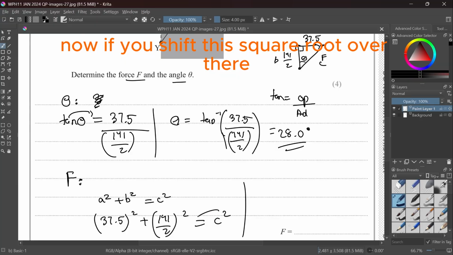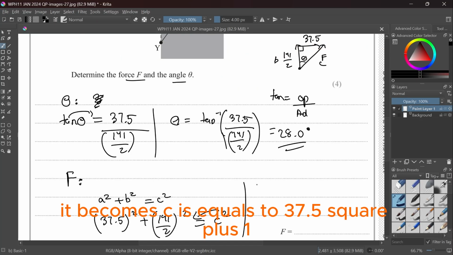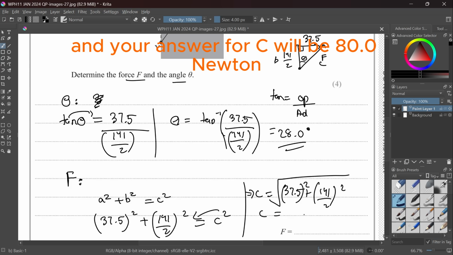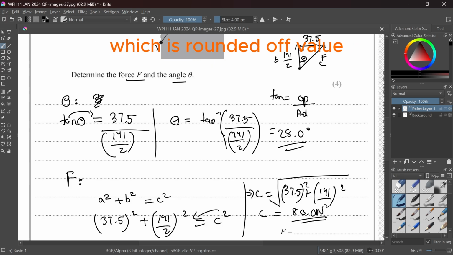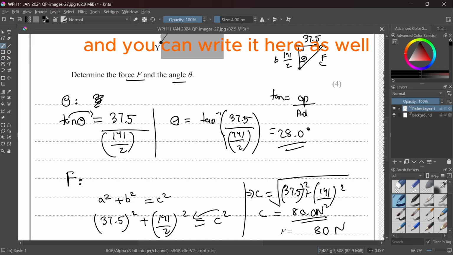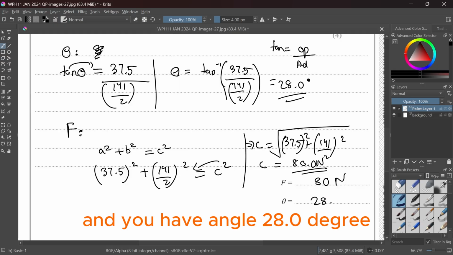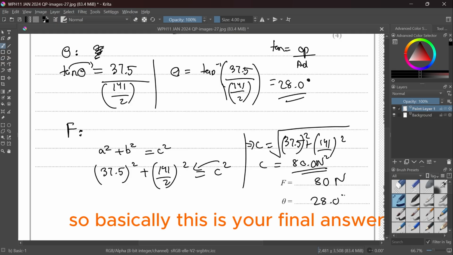Now if you shift the square root over there, c is equal to the square root of 37.5 square plus 141 by 2 square, and your answer for C will be 80.0 Newton, which is a rounded off value. You can write it here as well, 80 Newtons. So you have force 80 Newtons and angle 28.0 degrees. So basically this is your final answer.